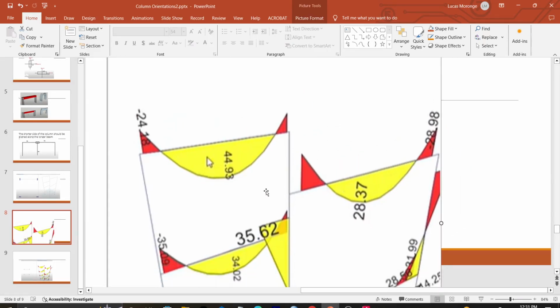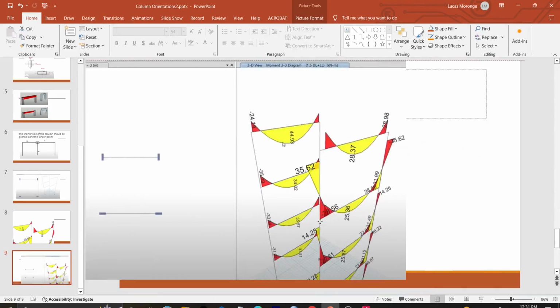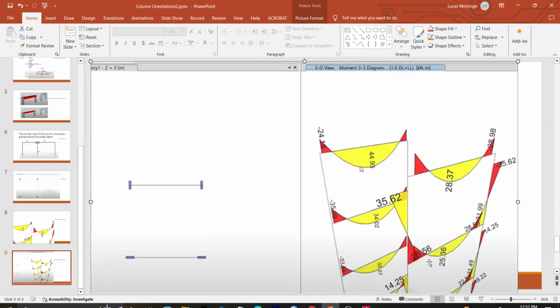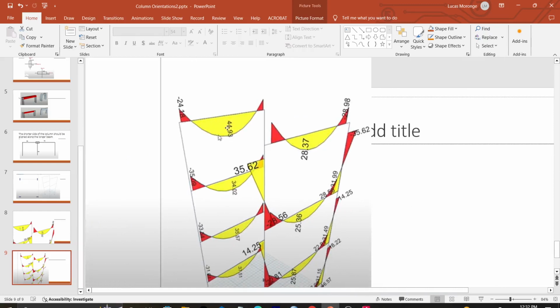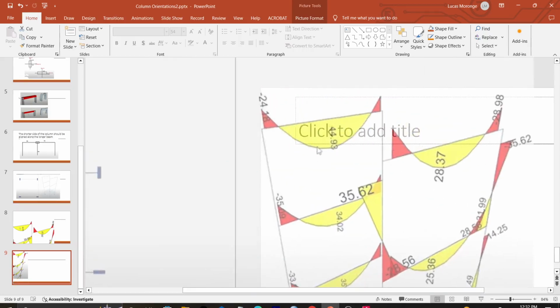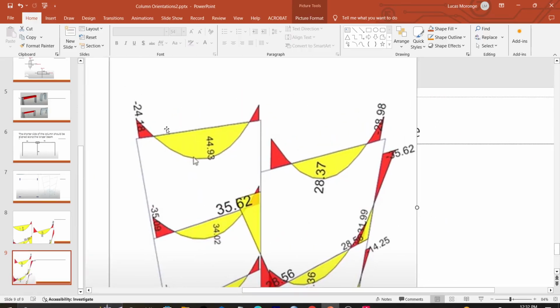This is why I'm insisting on the issue of column orientation. I believe this point is now well taken. All the work of orienting columns is ultimately to reduce the bending moment, as you can see here.